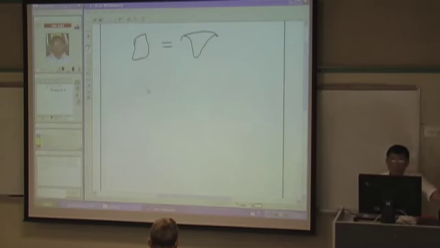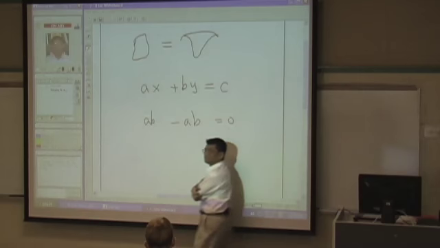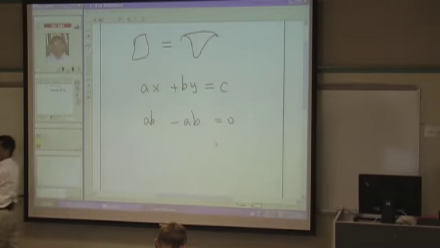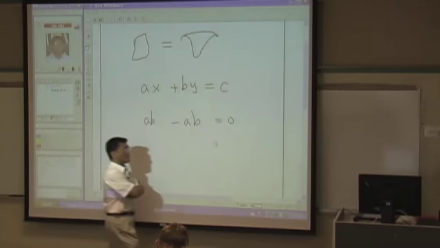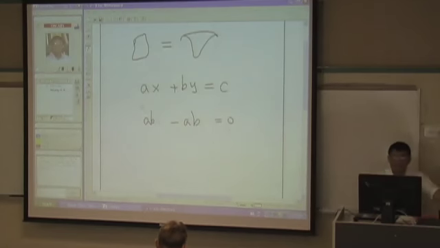Assume that you have ax plus by equals c. And then assume that you have ab minus ab equals 0. Then we can do the same thing to both sides, or we can add or subtract these two things. So let's add these two things.